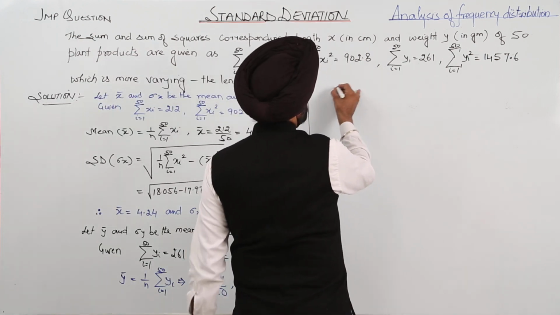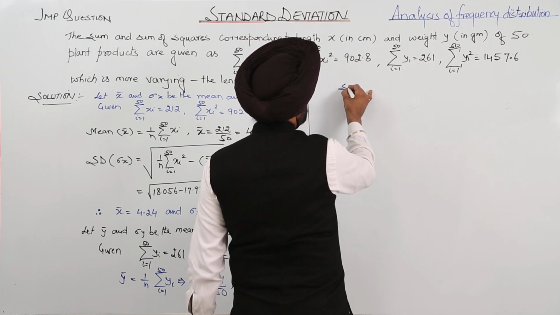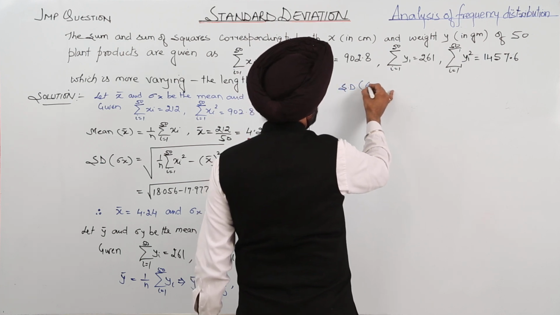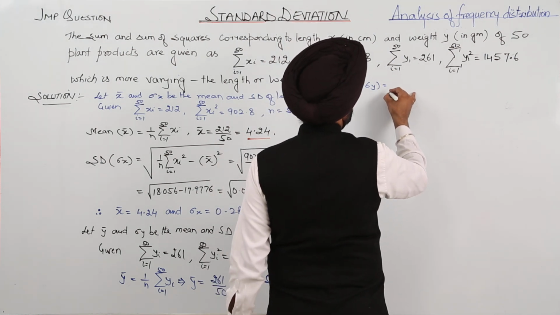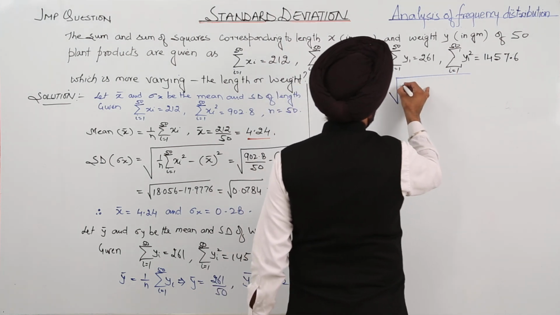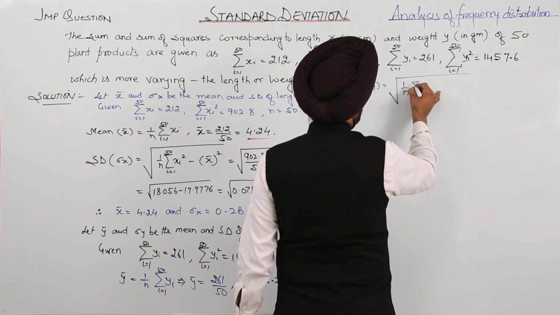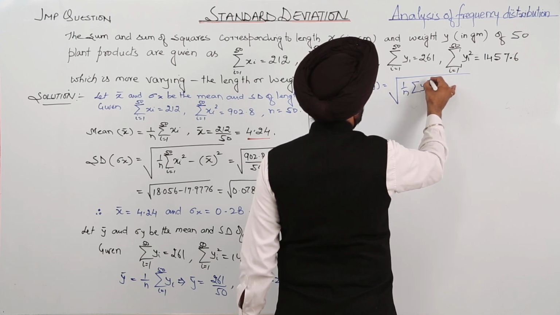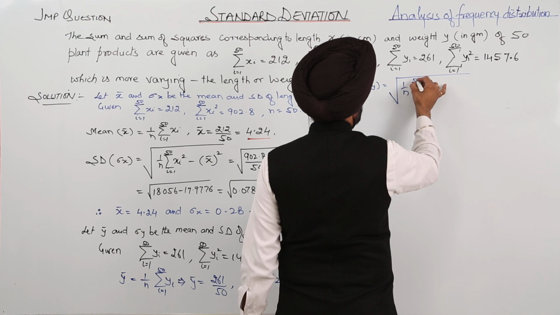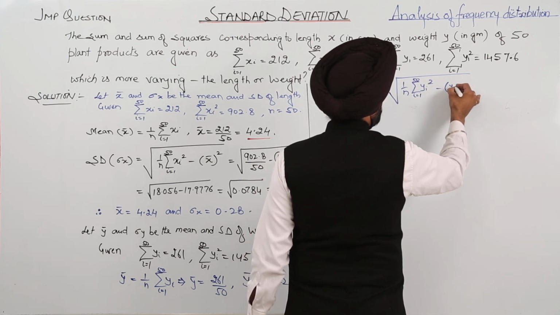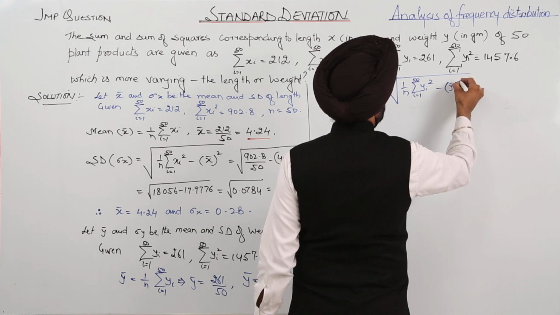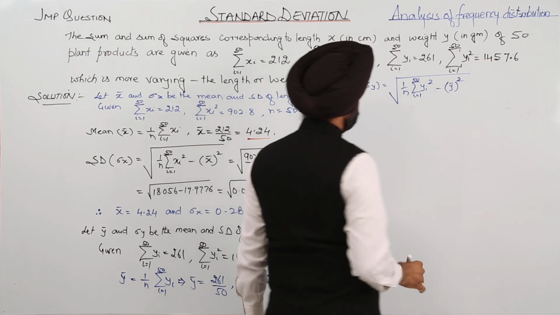It is equal to the square root of 1 upon n times the sum of squares, minus y mean square.